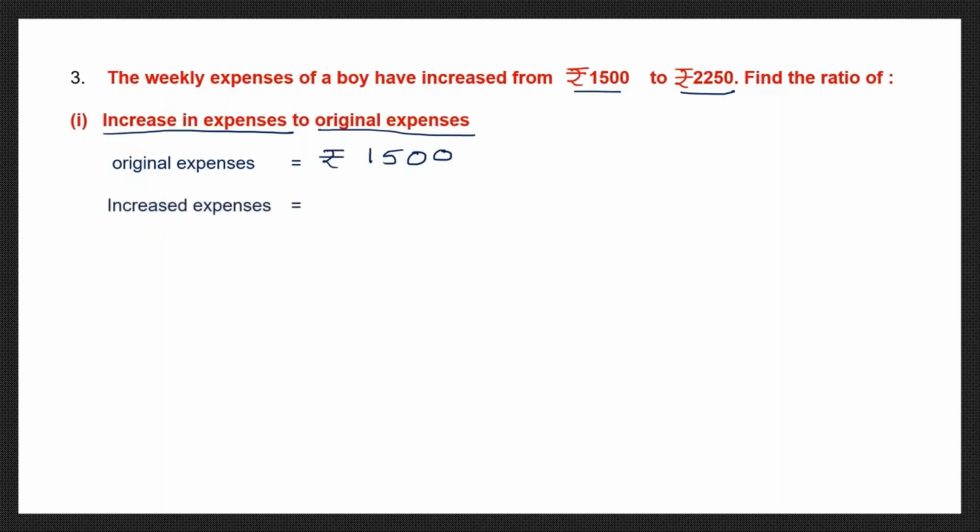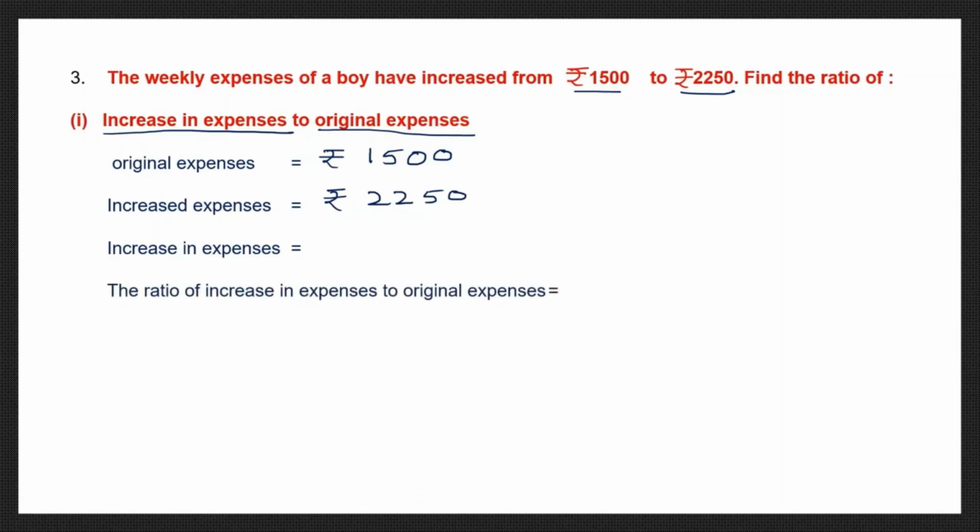Now the increased expenses. Increase is the new expenses now, which is 2,250. Now, how much has his expenses increased? What is that increase in expenses? We have to find that by subtracting. Okay, and then we have to find the ratio.